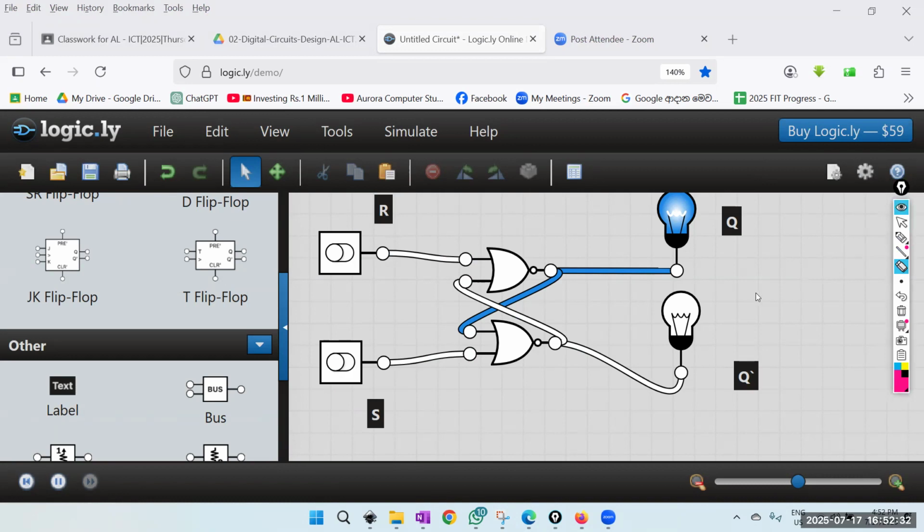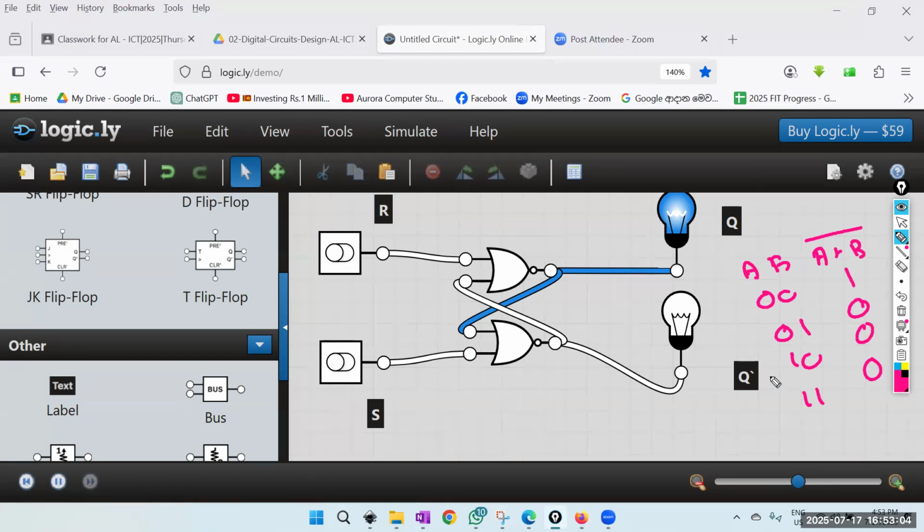So what is the truth table of NOR, the complement of A plus B? 0, 0: 0 plus 0 is 0, 0 bar is 1. 0, 1: 0 plus 1 is 1, 1 bar is 0. 1, 0: 1 plus 0 is 1, 1 bar is 0. 1, 1: 1 plus 1, true or true is true, not true is false.